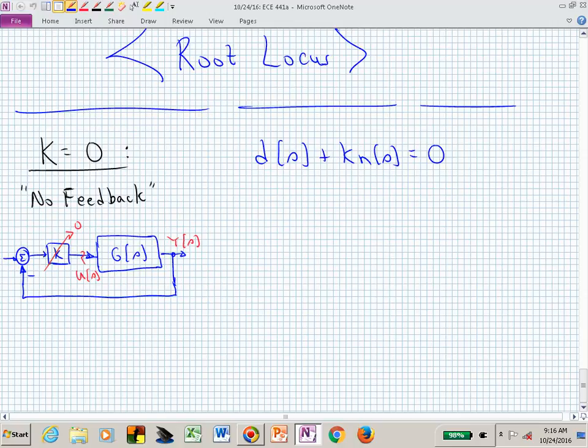So now if K is equal to 0, if this is our closed loop denominator pole pattern, D plus Kn, what happens if I set K equal to 0? In this equation, what do I obtain? I simply get this, right? And what was D of s?